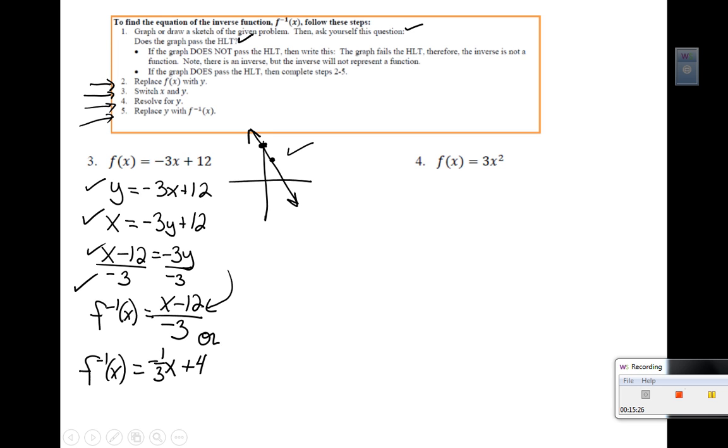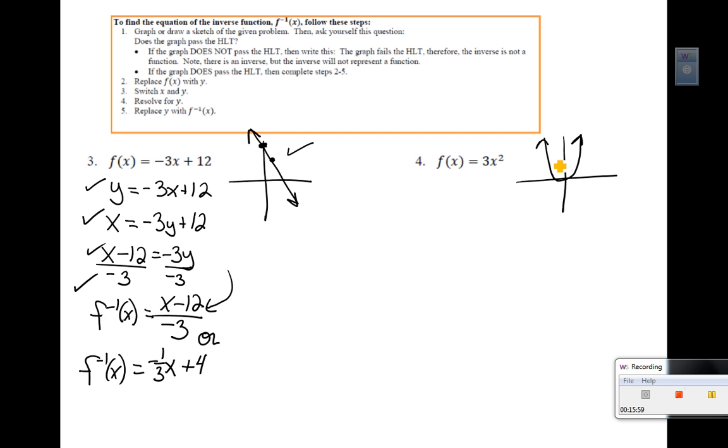Here goes number 4. Let's come back. Do step 1. Graph it. You could type that thing into your graphing calculator real fast. And when you do that, you're going to get a graph that looks something like that. So we've done part 1. And then it says, does the graph pass the HLT?